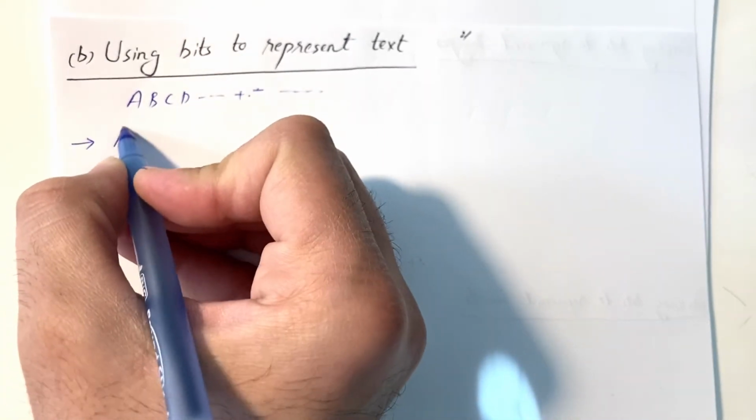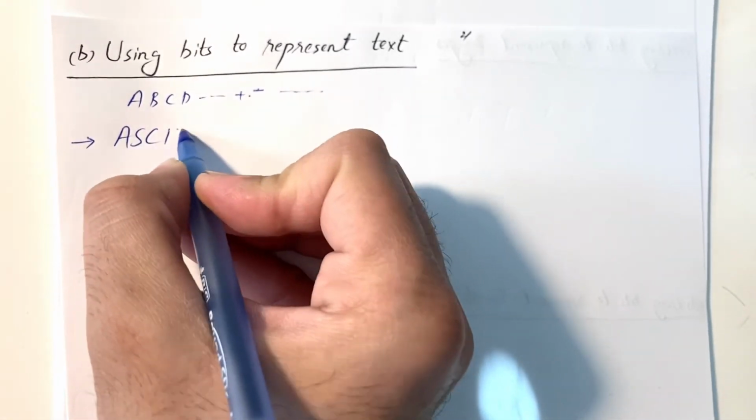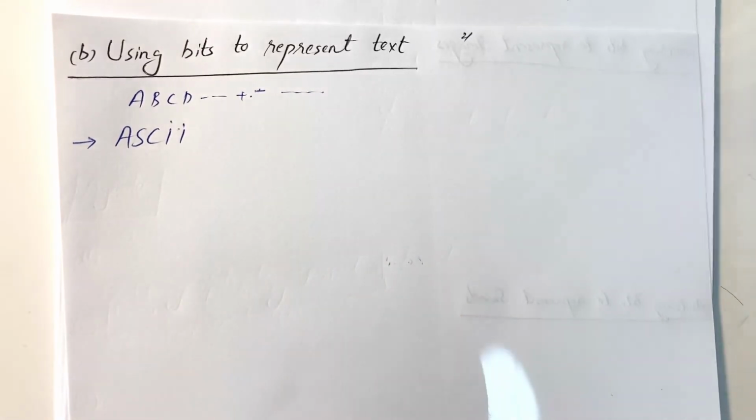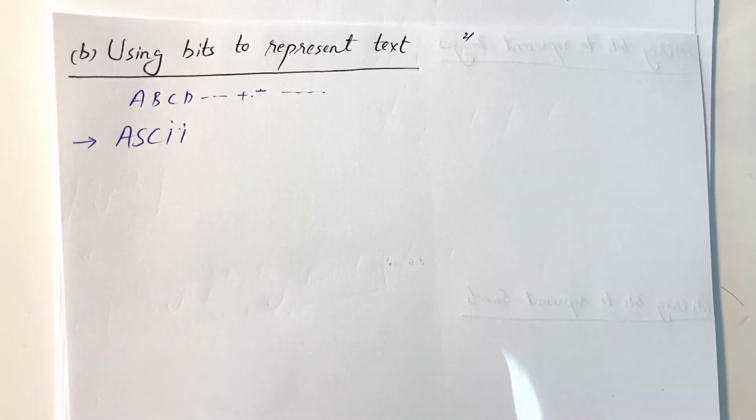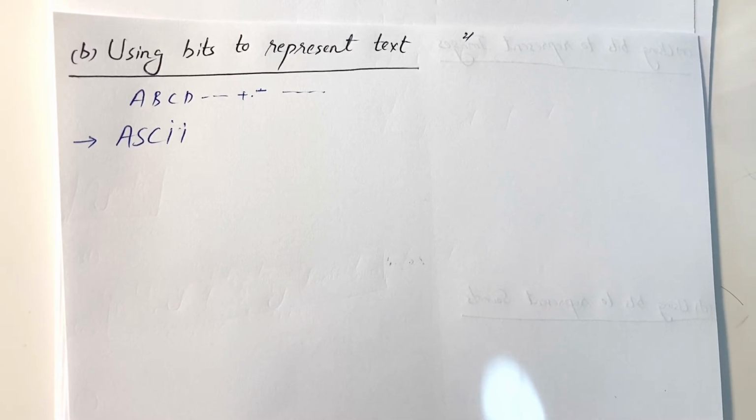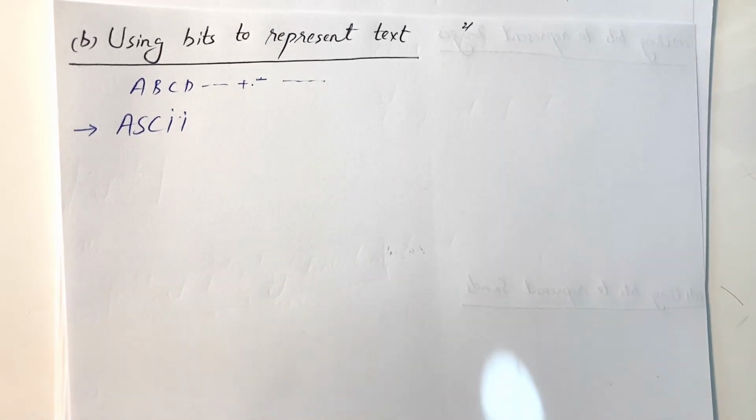In order to do that, we use a standard called ASCII code. That's the one which we use in our cell phones as well. Typically in cell phones, because they support multiple languages, we don't use ASCII code, we use Unicode. But ASCII codes are typically used to convert the English letters, the characters A, B, C, D, and all into a binary language.